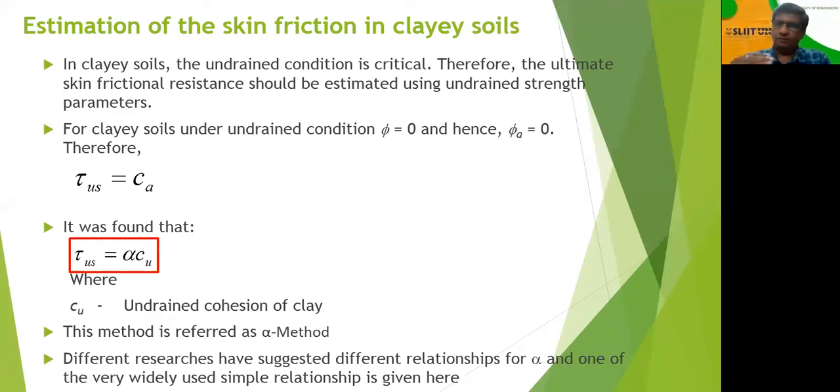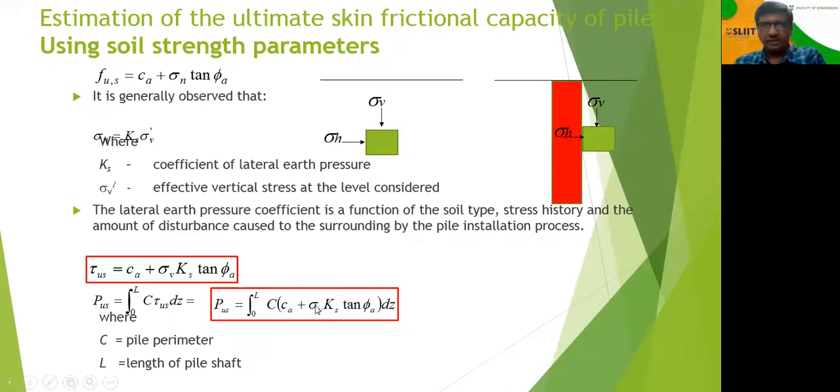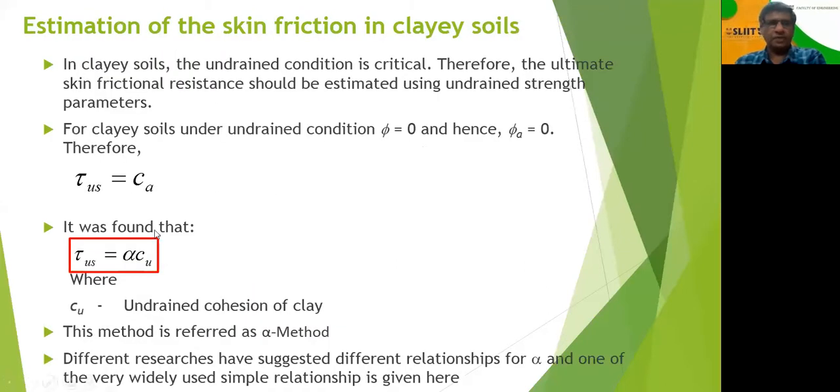Now we will consider clay and sand separately. In clay soil, we know that generally under undrained condition, phi is equal to 0, so the frictional part of the equation will go out. What we are left with is the adhesion component, which is equal to alpha times the undrained cohesion, Cu.